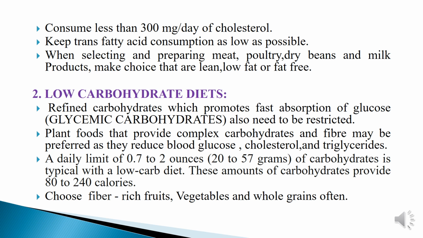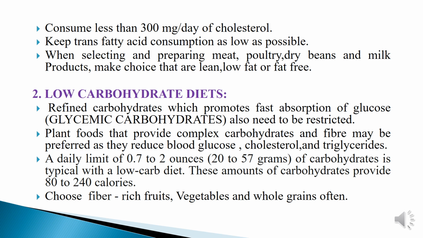Plant foods that provide complex carbohydrates and fiber may be preferred as they reduce blood glucose, cholesterol and TG. A daily limit of 0.7 to 2 ounces, that is 20 to 57 grams of carbohydrates, is typical with a low carbohydrate diet.